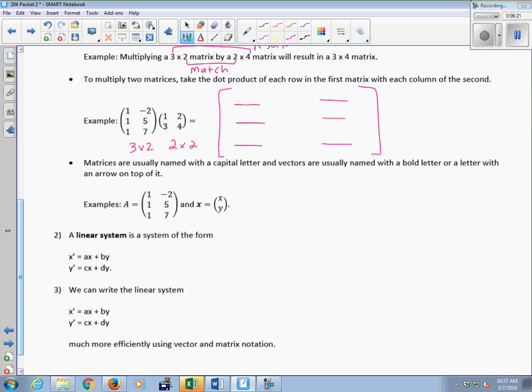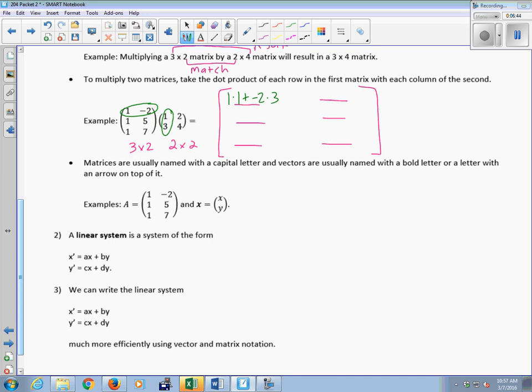All right, finally you do the dot product of each row times each column. So when I dot product the first row times the first column, that goes in row 1, column 1 of the answer. So this is going to be 1 times 1 plus negative 2 times 3.